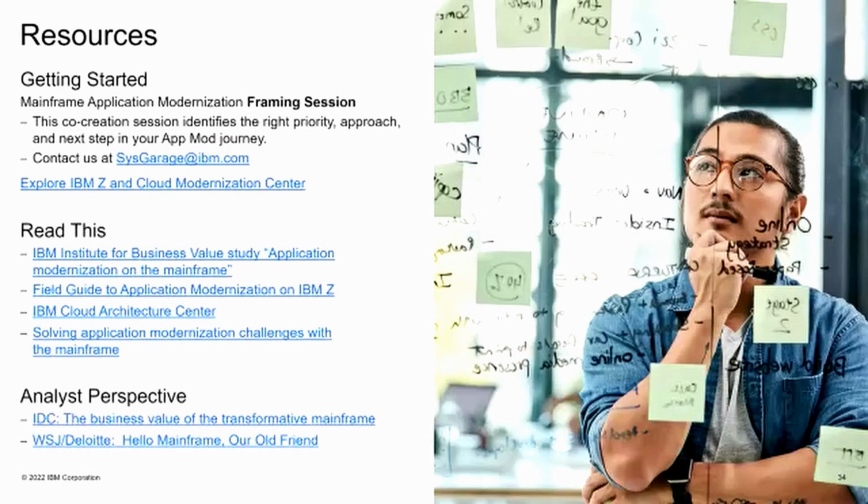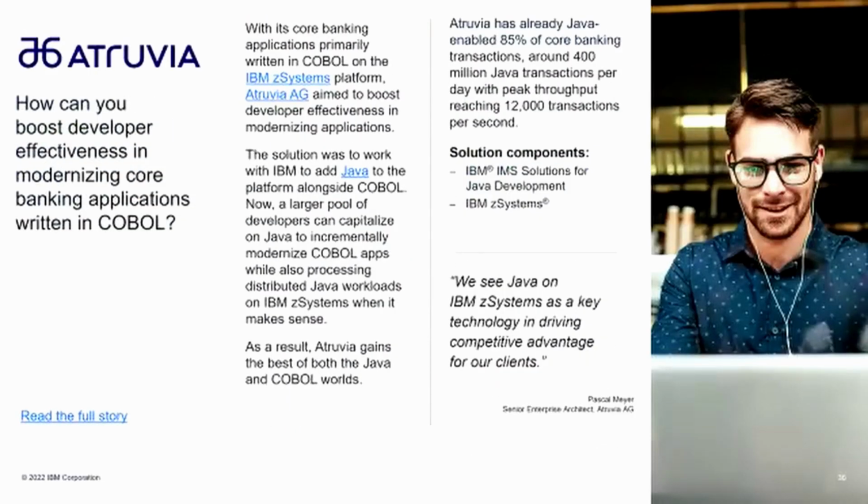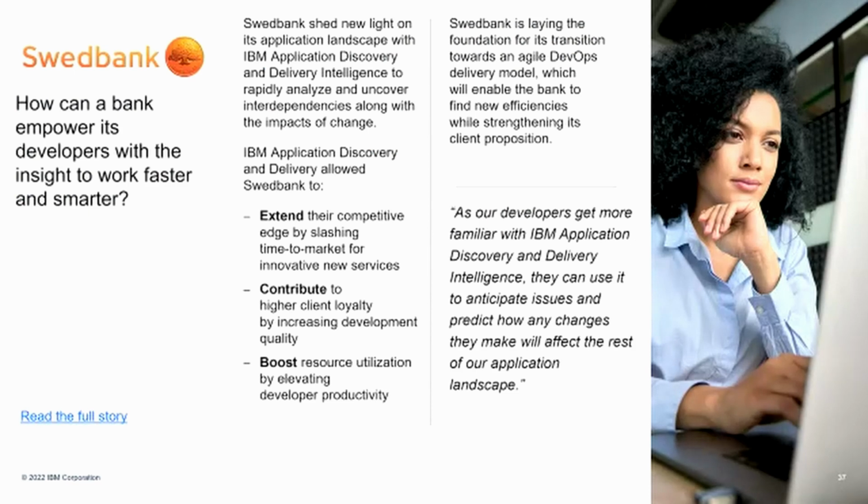In this chart, we've also got a few more details about, I think, State Farm, Aruvia, and Swedbank as well, about some of the customer scenarios that you can read about in a bit more detail about the application modernization journeys.